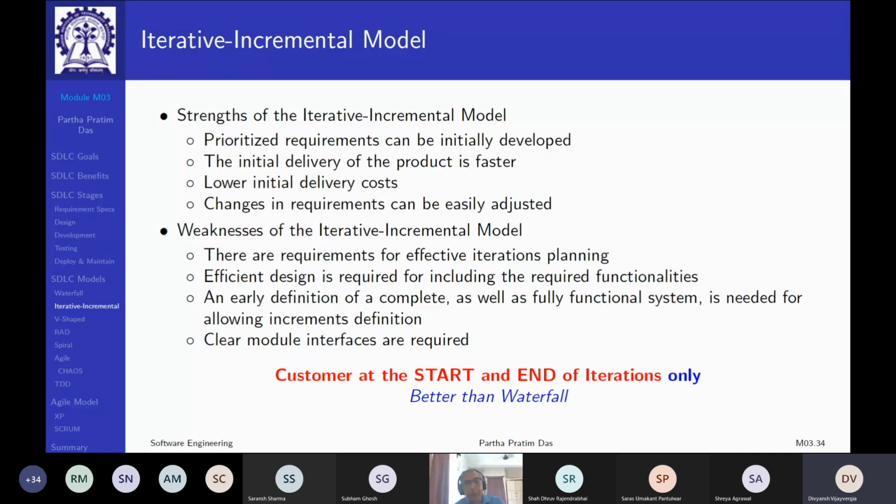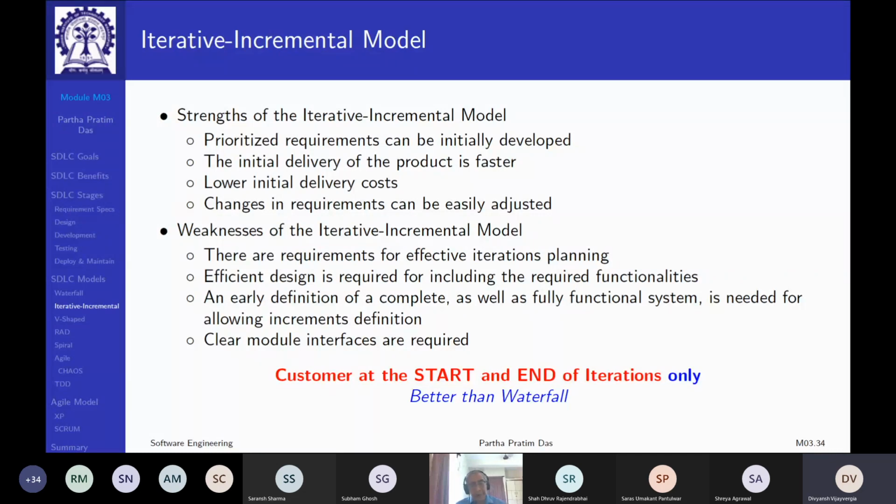So the strengths are naturally that initial delivery of the product is faster, with lower initial delivery cost, and changes in requirements can be easily adjusted because you are iterating and not implementing everything in one go.